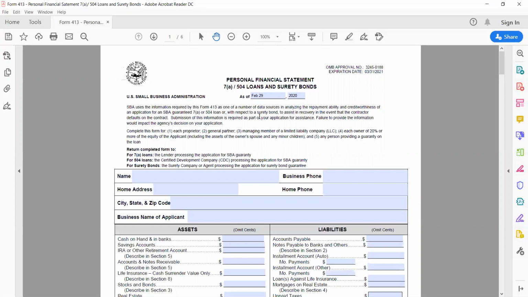And as we get into filling out the form 413, best practice is to have all your documentation ready to go so that you can fill this all out in one sitting.